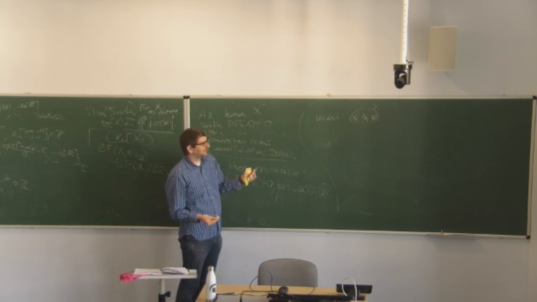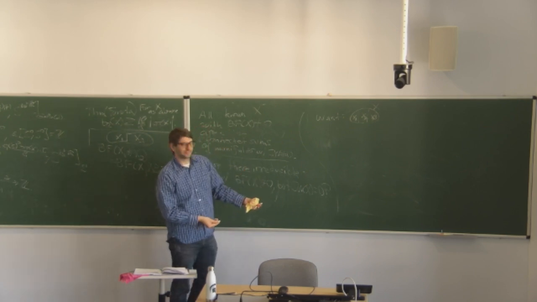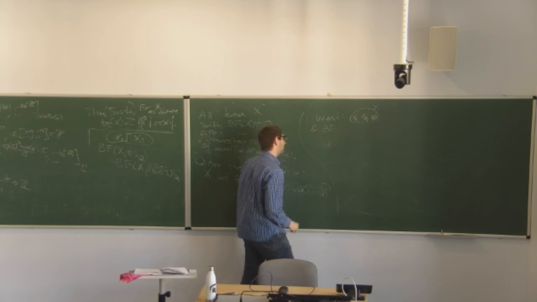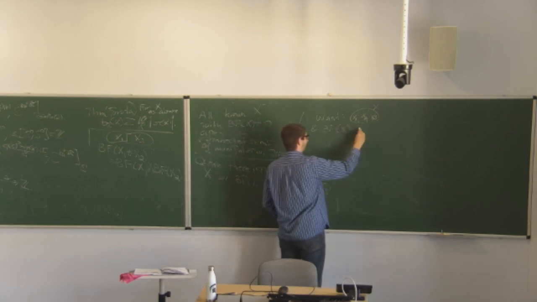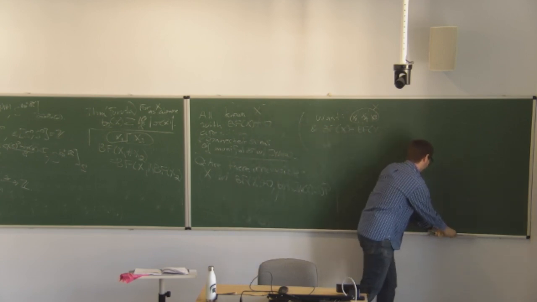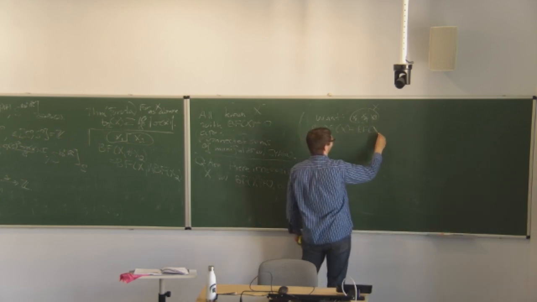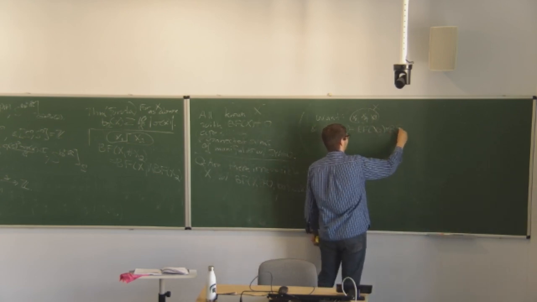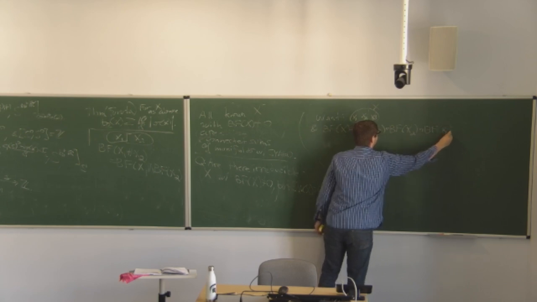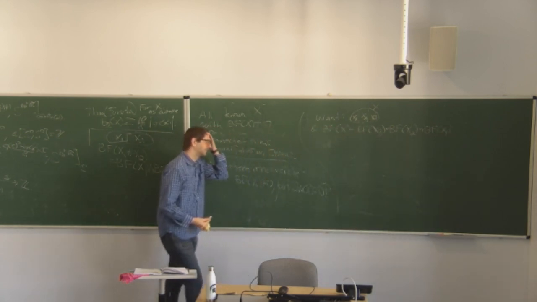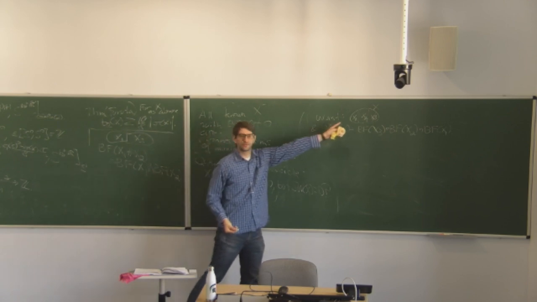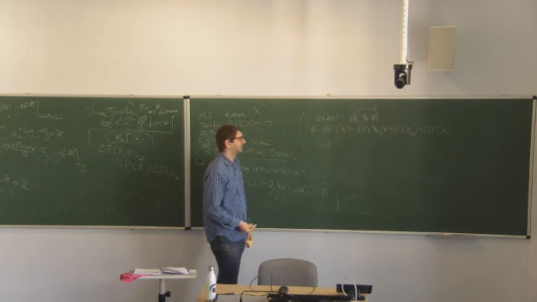It would be great if you could somehow calculate the Bauer-Furuta invariants of the pieces and then recover the whole Bauer-Furuta invariant as the composite. And it turns out that you can do this, but you have to make sense of what it means to have a Bauer-Furuta invariant for a non-closed four manifold.